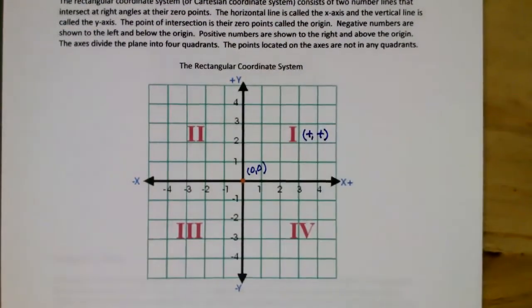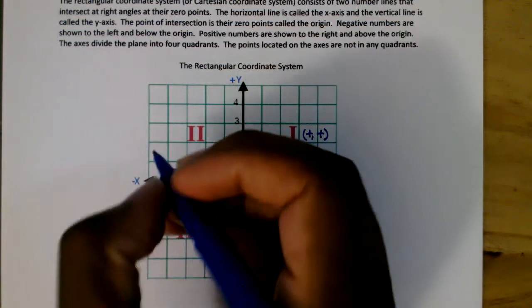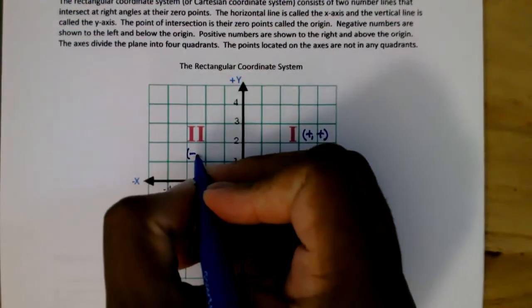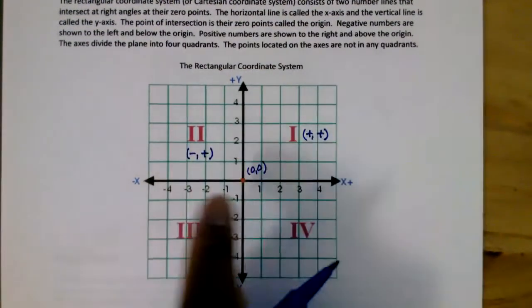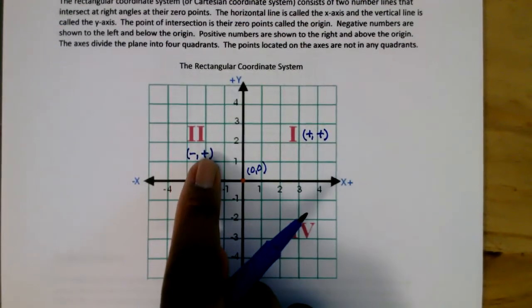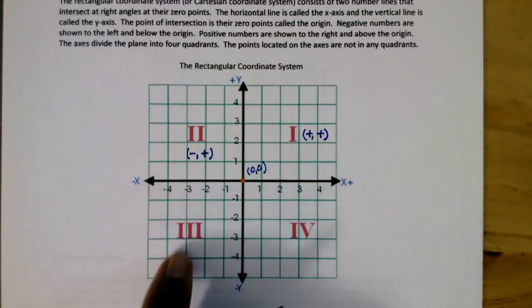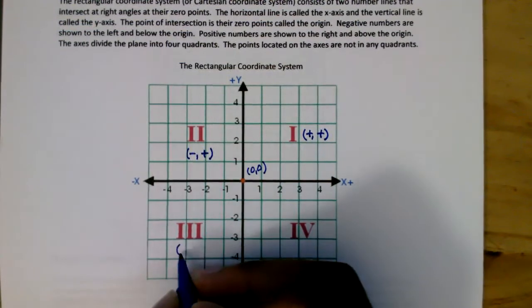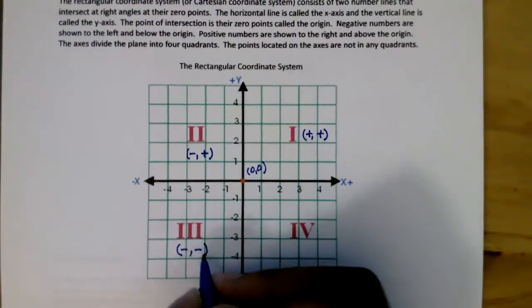In the first quadrant, your x coordinates and your y coordinates are positive. Now in the second quadrant, the x coordinate is negative and the y coordinate is positive. And in the third quadrant, the x and the y coordinates are negative.